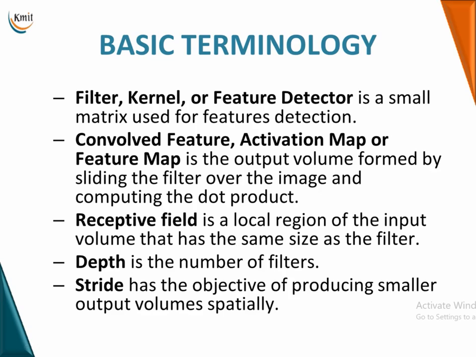Before I dive into CNN, I first want you to understand the basic terminology. I just explained what exactly a filter or a kernel is. It is also known as a feature detector because it helps you detect all the features inside an image. This is a very big image. For example, you take a value of k, a small value, 1 by 1 or 2 by 2 or 3 by 3 or maximum 5 by 5.